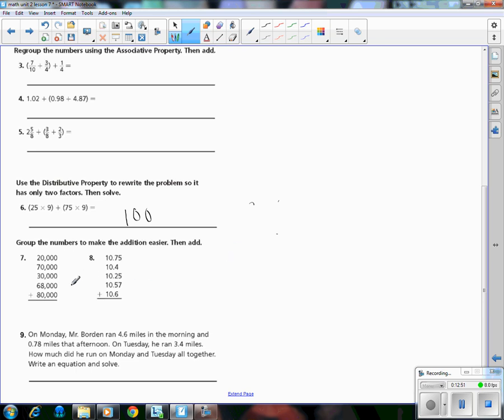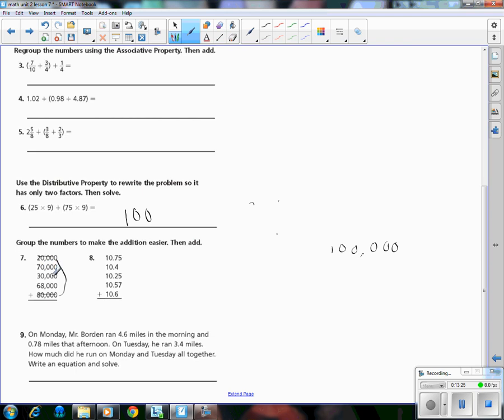So on number 7, when I look at this, 20,000 plus 70,000 plus 30,000 plus 68,000 plus 80,000, I can look at these and see that I can pair 20,000 and 80,000 together to make that much simpler. So if I have 20,000 and 80,000 giving me a total or sum of 100,000, so I'm going to go ahead and work those out.